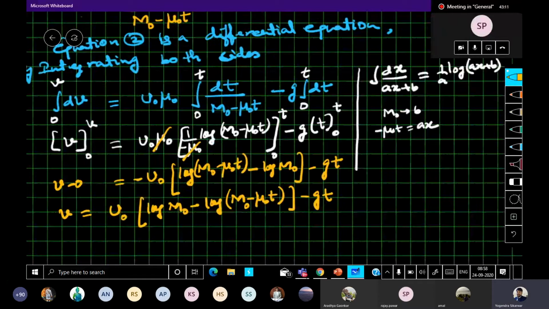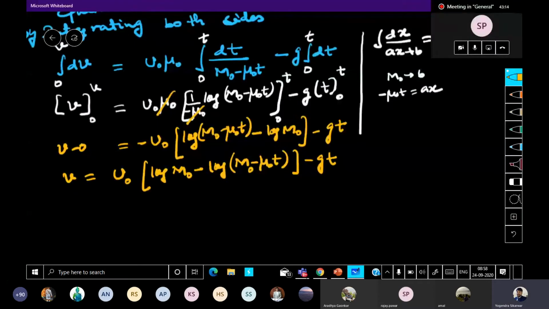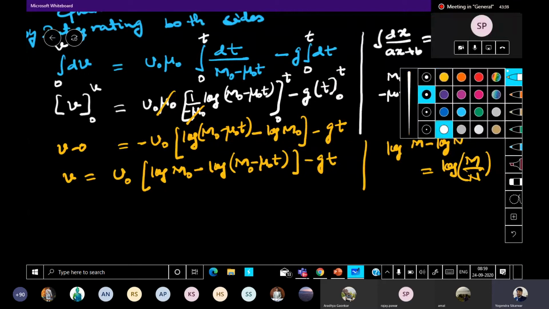Now we have almost concluded. If you remember, log m minus log n is equal to log of m by n. This is a property of log. I am going to use this to write the final answer.